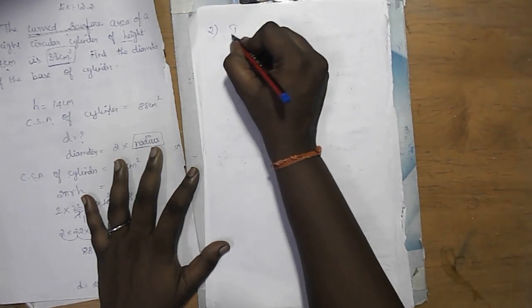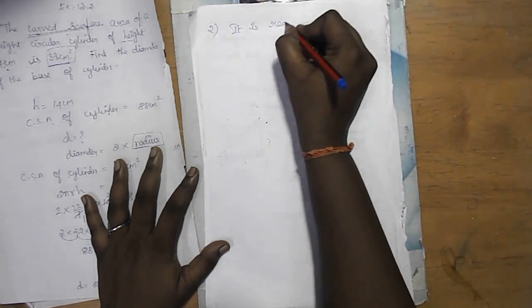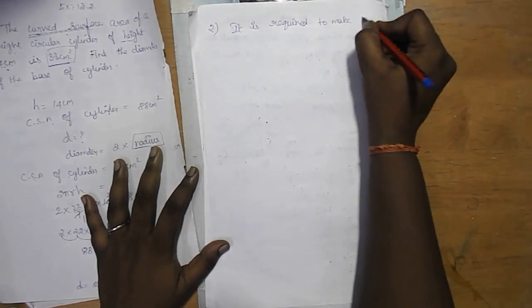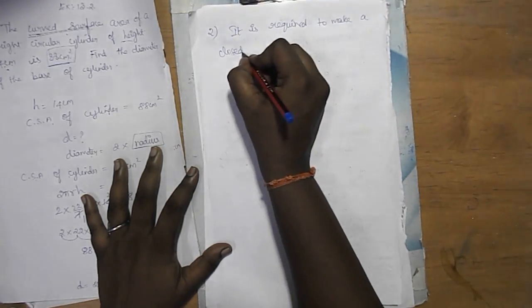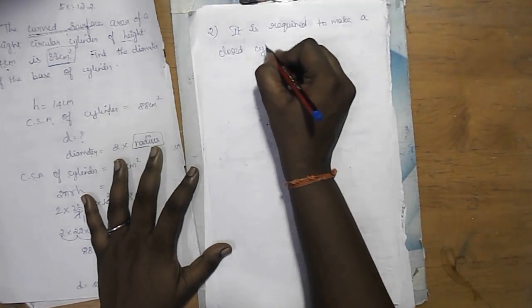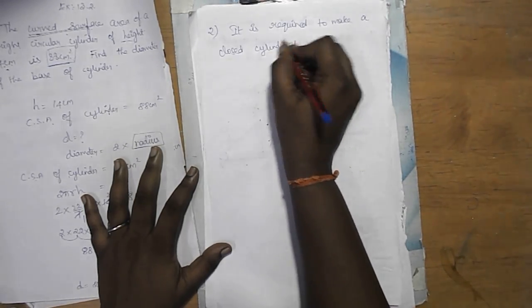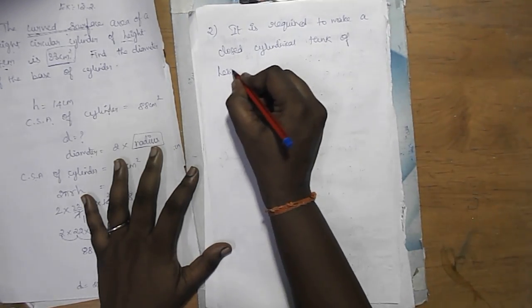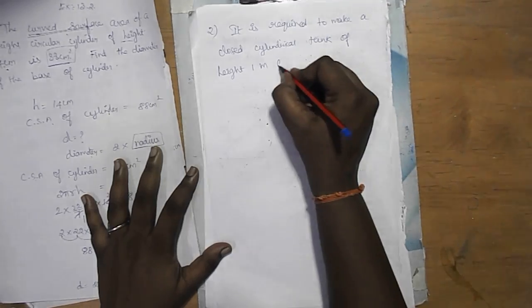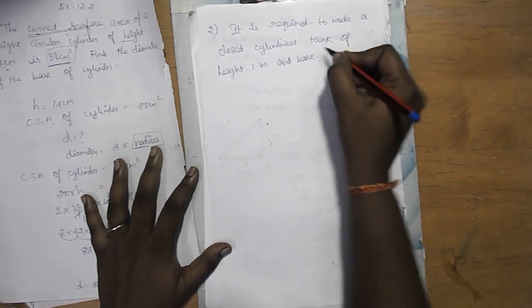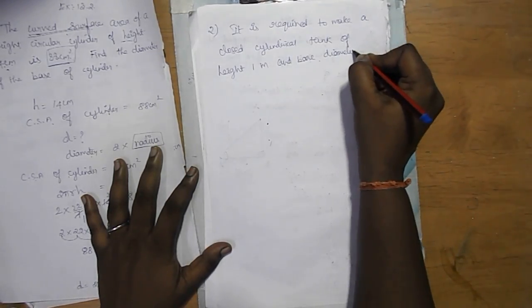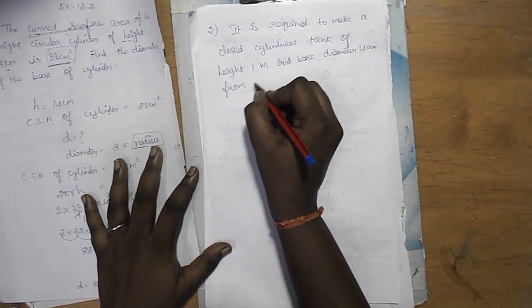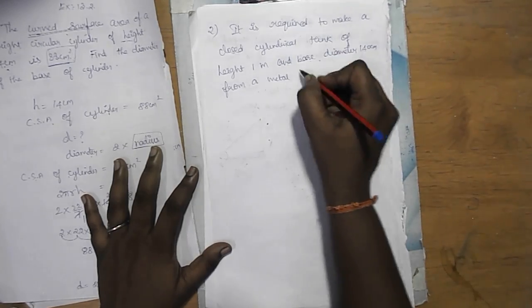It is required to make a closed cylindrical tank of height 1 meter and base diameter 140 centimeter from a metal sheet.